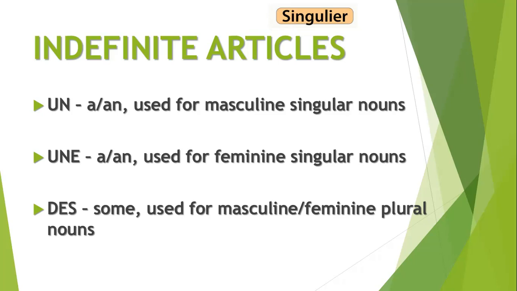Did you all understand these indefinite articles? I suppose you all understood. So now let's move on to the next indefinite article, which is une. No sound should come at the end. This une also means a and an, but it is used for the feminine singular noun.